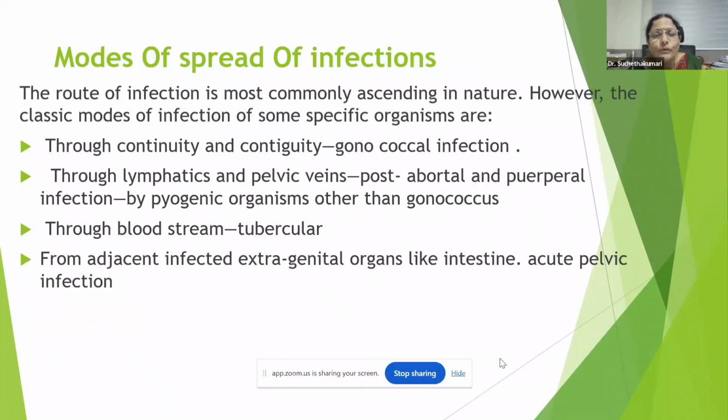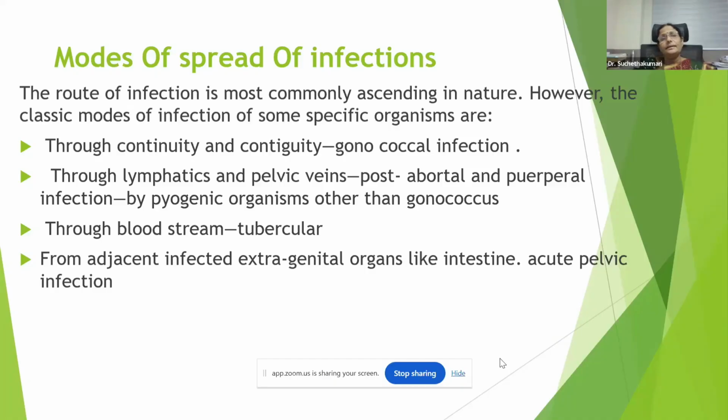So what is the mode of spread of these infections? Once the organisms are present in the reproductive tract, whether in the vagina or having gained access into the uterus through the cervix, how will the infection spread? The route of infection is most commonly ascending in nature.